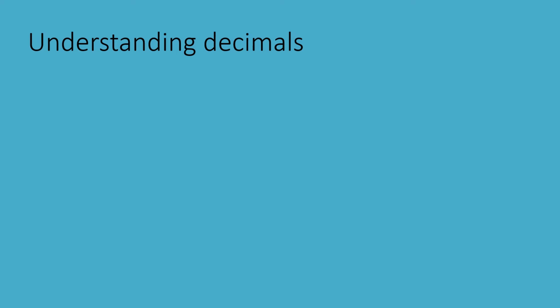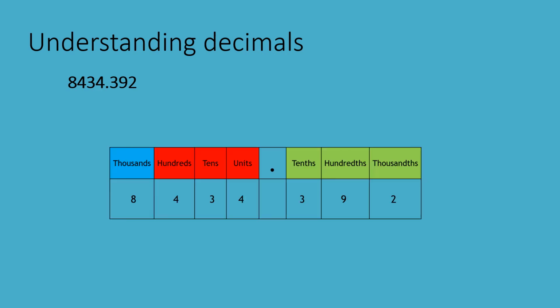Okay, let's try another example. So we have the number 8,434.392. So let's do what we did before, split it up into its respective columns and decide just by looking at where each number lies, how many of each column we have.